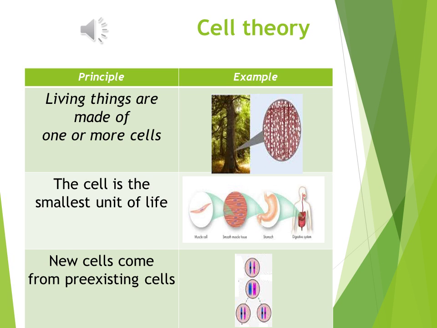Second, the cell is the smallest unit of life, because the cell forms tissue, the tissue forms organs, and the organs form the body. And the third and last one is that new cells come from pre-existing cells. We can see the cellular division.